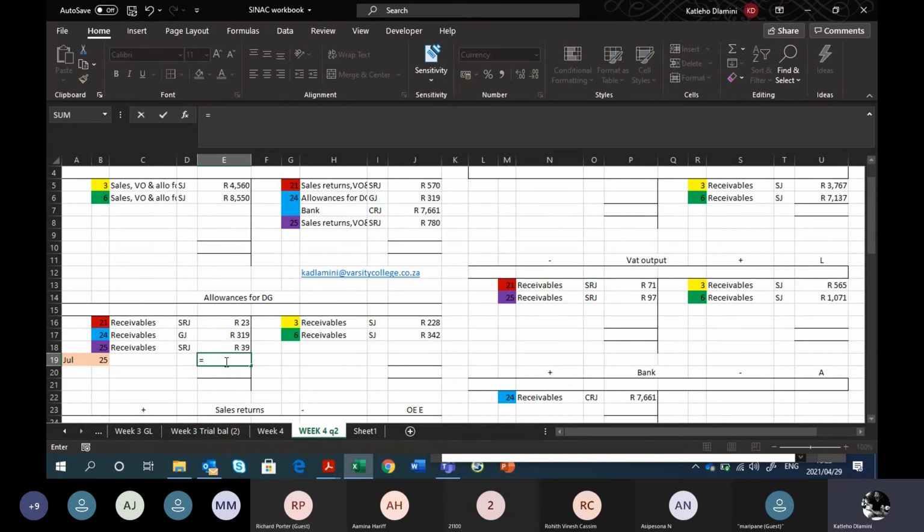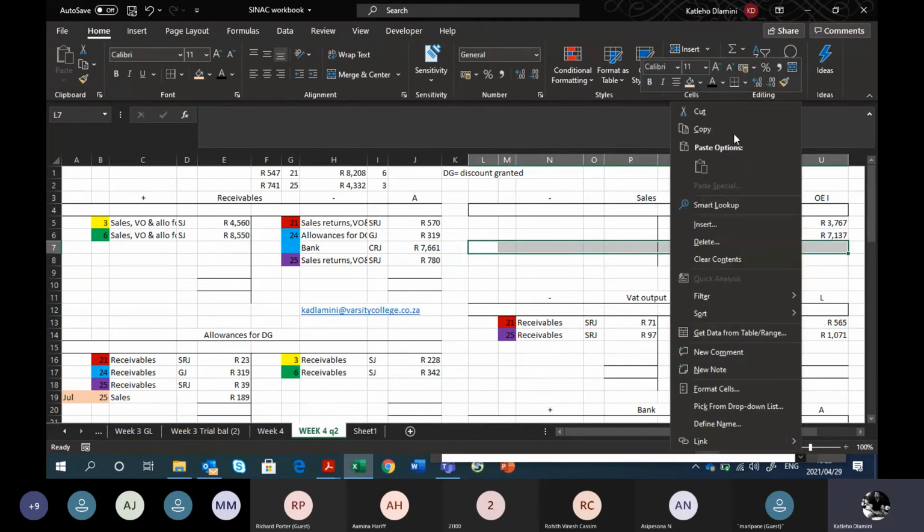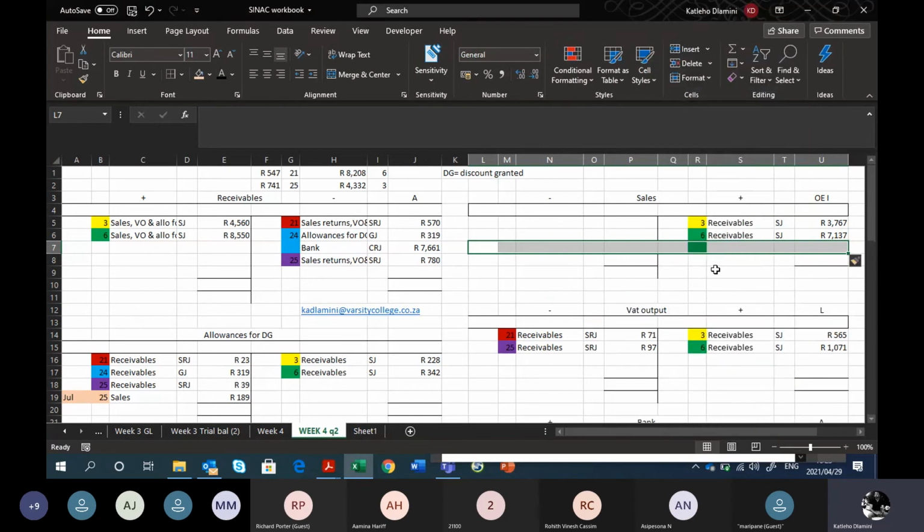We have this amount minus this amount. So make sure this is not going to be taken to receivables. It's going to be taken into sales. So we're going to increase the sales that we made to this guy because this guy didn't pay us in time. Okay, insert, move sales down.